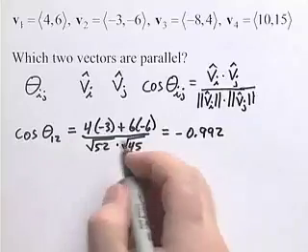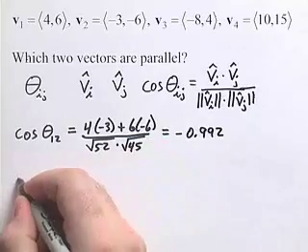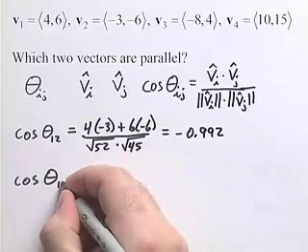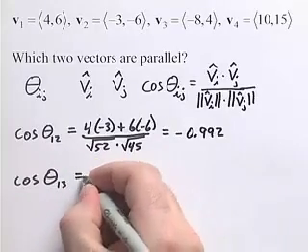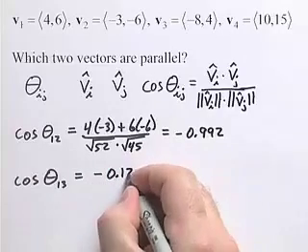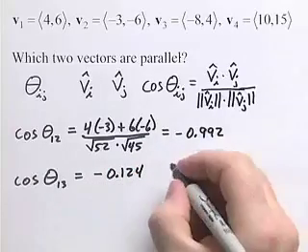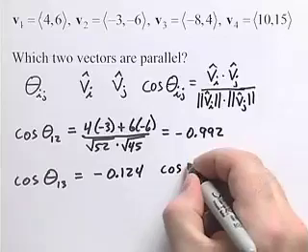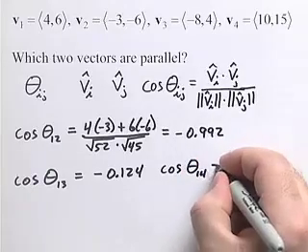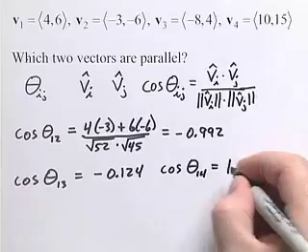If we proceed in the same way for the remaining pairs, we'll get the cosine of theta for vectors 1 and 3 turns out to be negative 0.124. Cosine of theta for vectors 1 and 4 turns out to be 1.